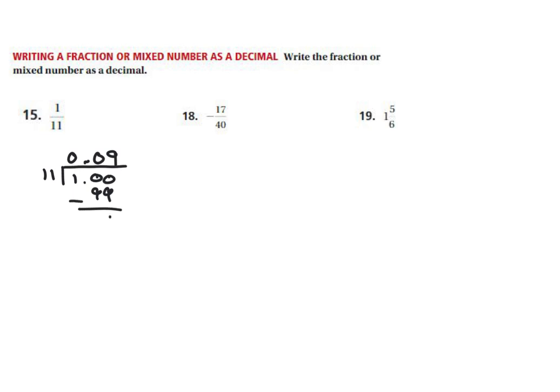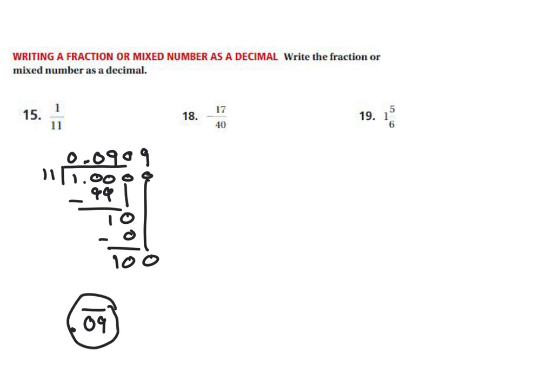So we subtract and we get 1, and then we'd bring down a 0. 11 goes into 10 0 times. Subtract, bring down another 0. 11 goes into 100 9 times, and you can now see that you have a repeating pattern. So your answer would be 0.09 with a repeating bar above both the 0 and the 9, symbolizing that they both will repeat.